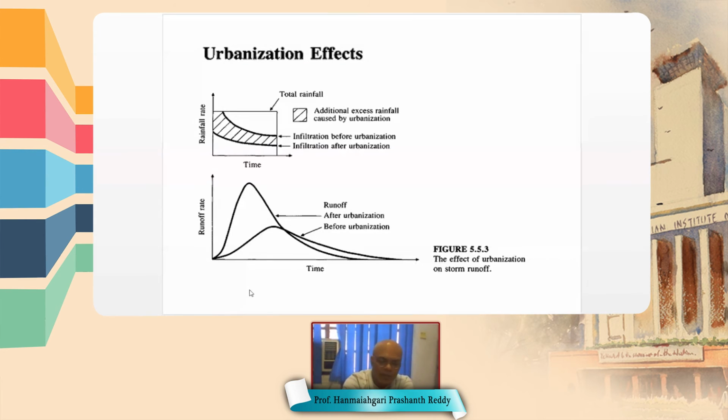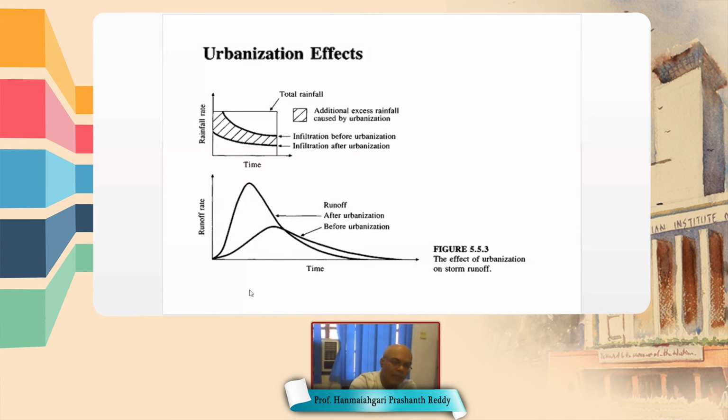Sir, see, suppose there is an agricultural land. If you see in many cities in India, a few years ago, the suburbs were agricultural land. So do you agree? Yes. During the rainy season, of the rain caught by this agricultural land, of course some water was going to run off, but some water was seeping into the ground and adding to the groundwater.